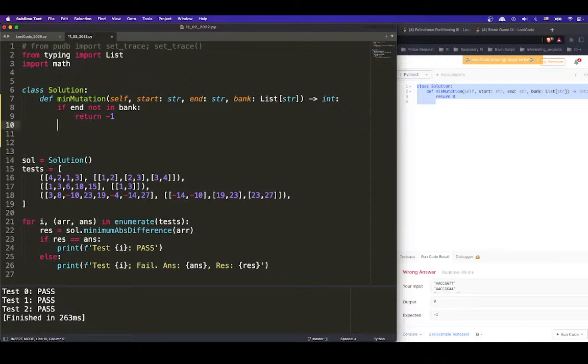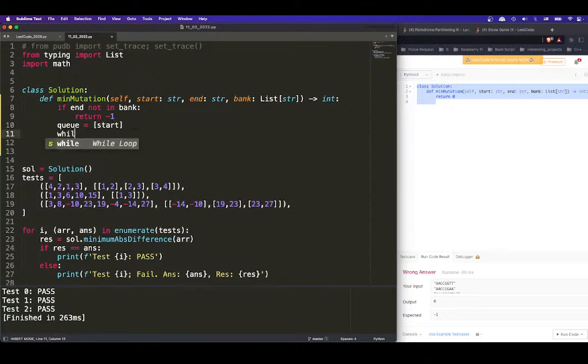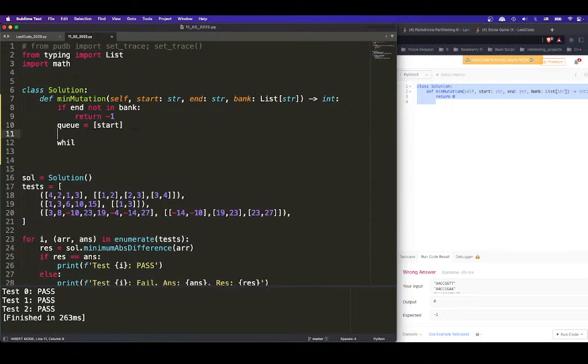Then we just say q equals start, visited, res equals 0.